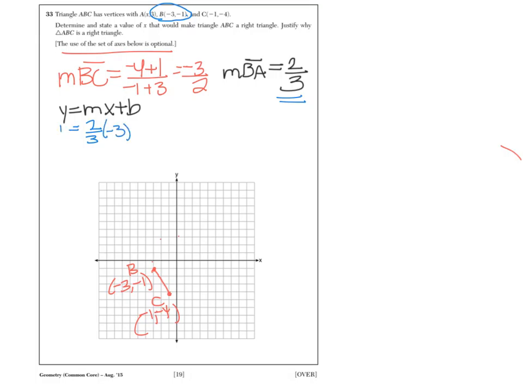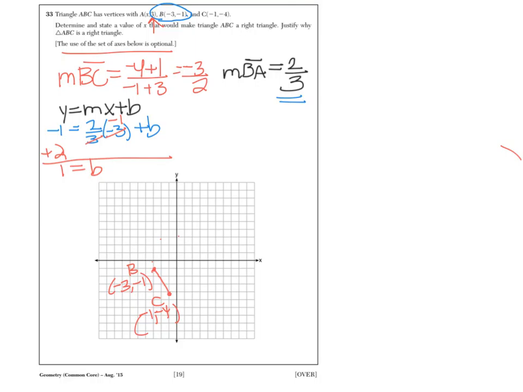It's a lot of manipulation to do here. So I've now just found out that the y-intercept, the value for b is 1, and I'm now going to plug in this value of 3 in for y.